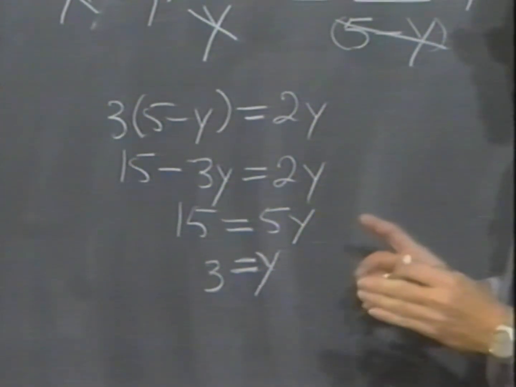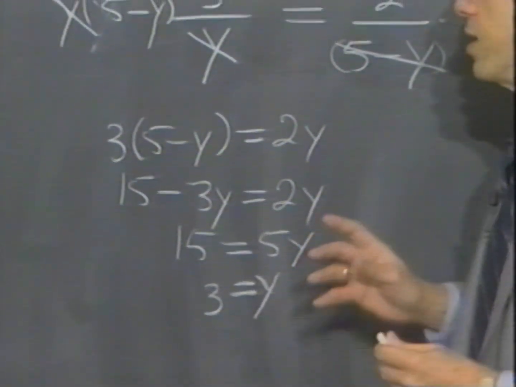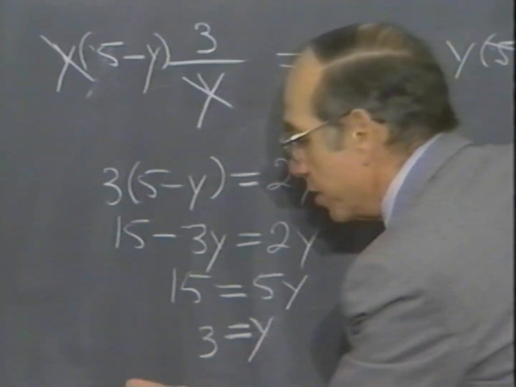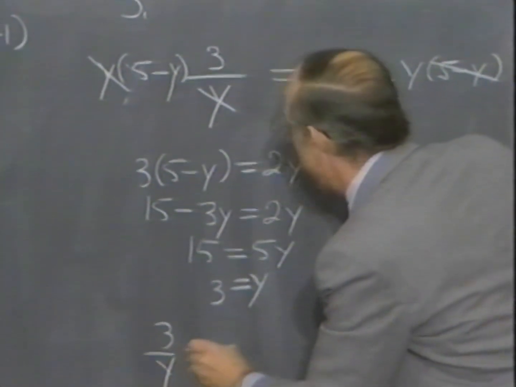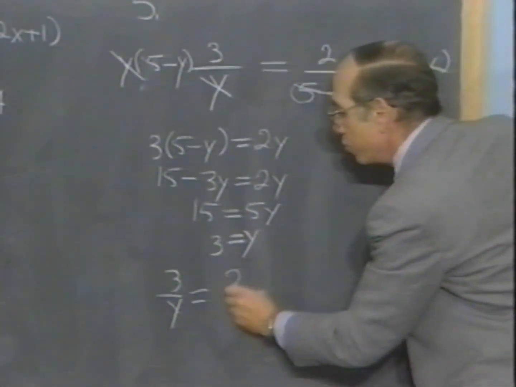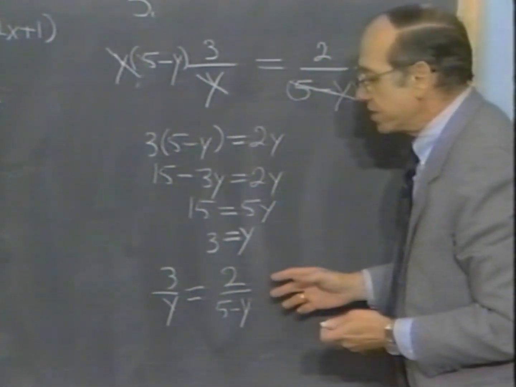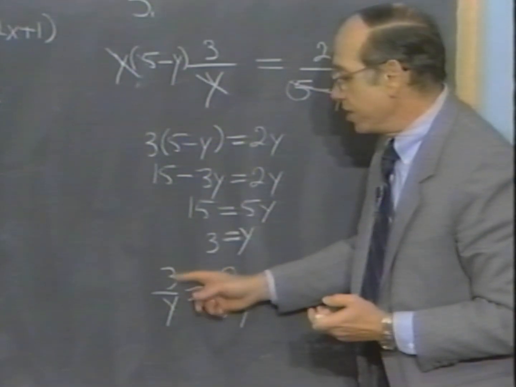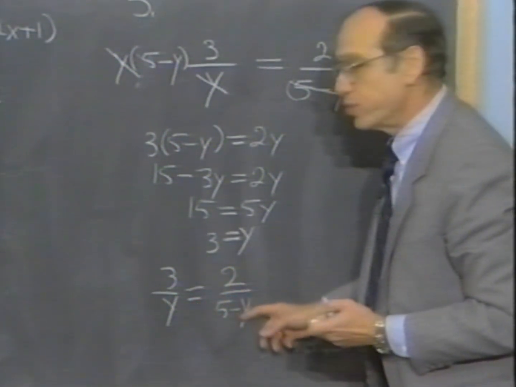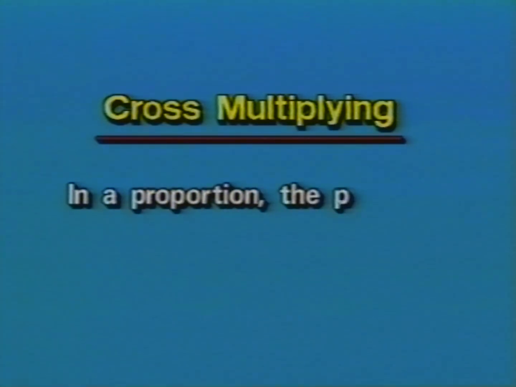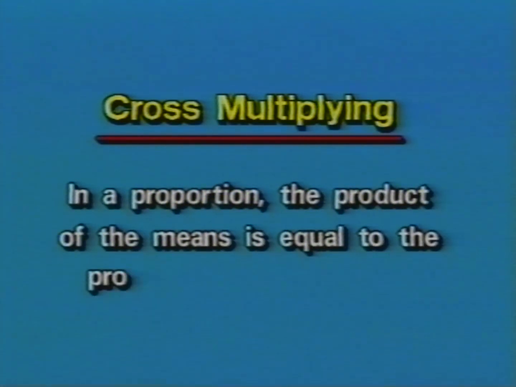Now let me look at this problem again in a slightly different way. Let me just rewrite it. It was 3 over y equals 2 over 5 minus y. I could think of this as a proportion. 3 is to y as 2 is to 5 minus y. And in a proportion, you know, the product of the means equals the product of the extremes.